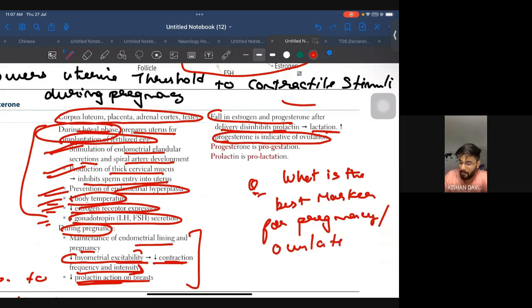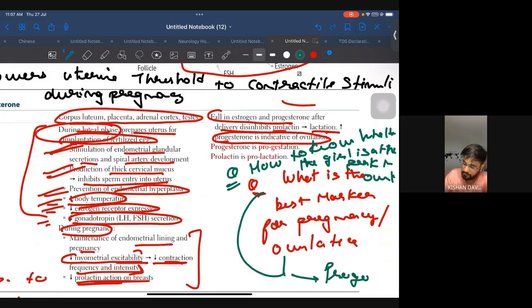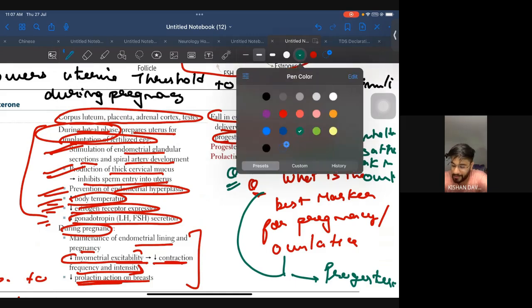Or another type of question is, they will ask how to know whether the girl is at her peak in ovulation. Both the answers are progesterone. This is a very important question.